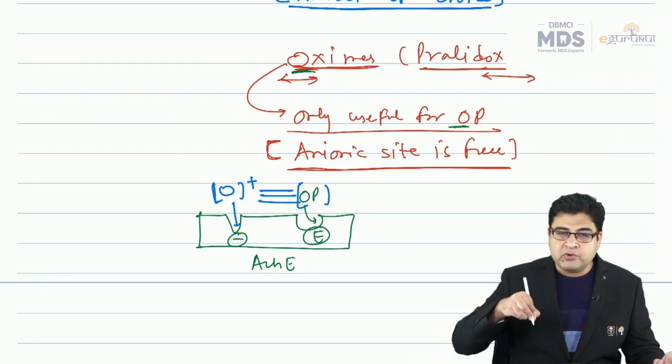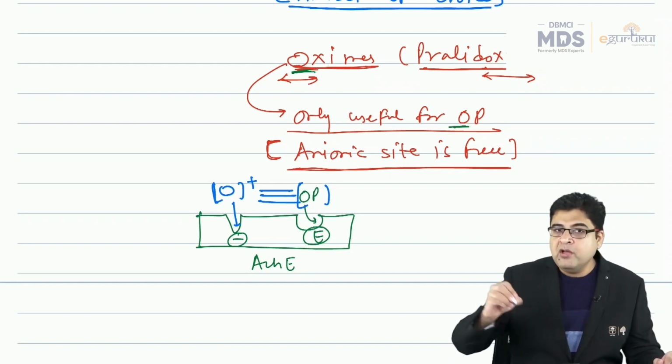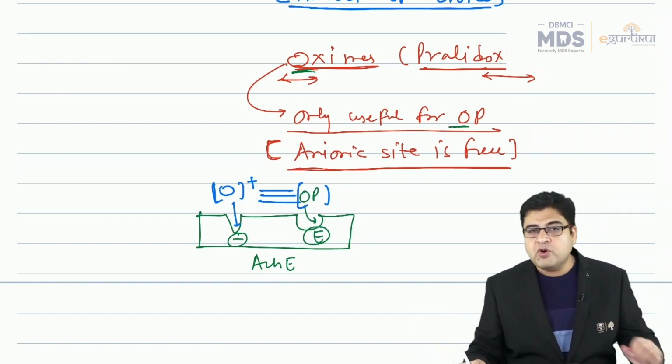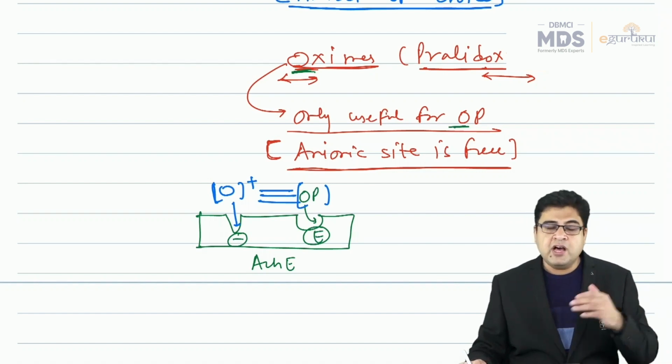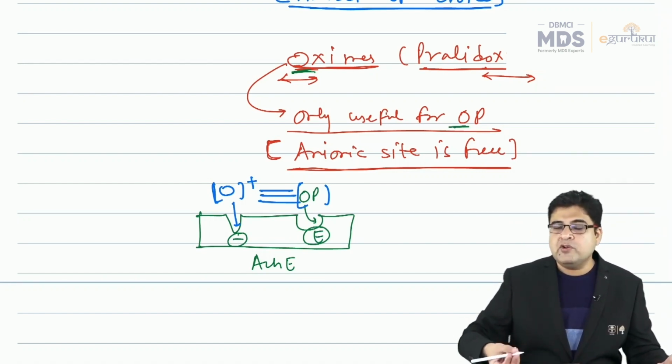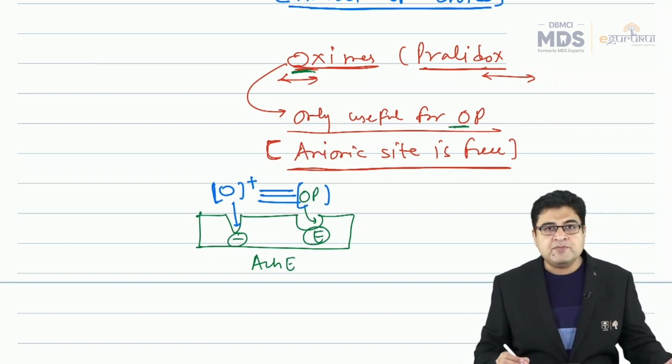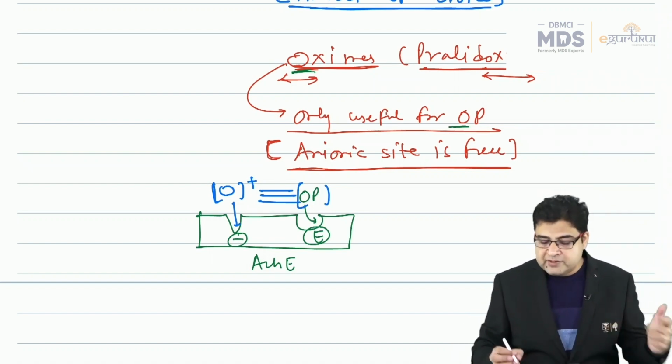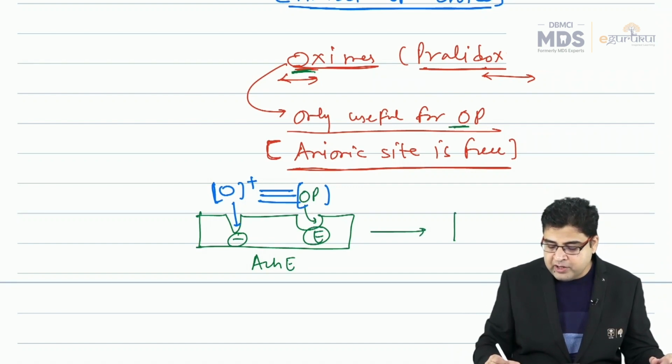The block remains reversible. The bond here is an electrostatic bond and will not become a covalent bond, because all free groups of organophosphates are utilized by the oximes. So the body, which is trying to remove this organophosphate at a slow rate, after some time removes the organophosphates, and once they are removed, the enzyme is reactivated.